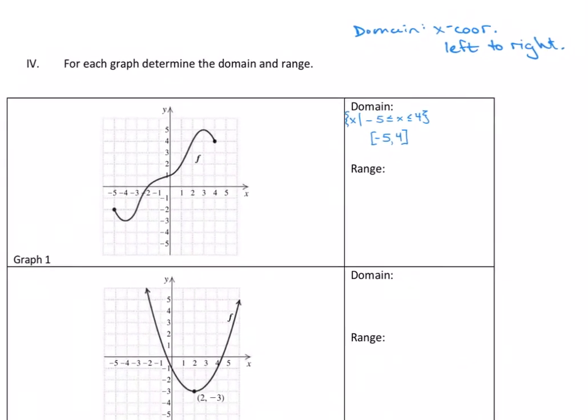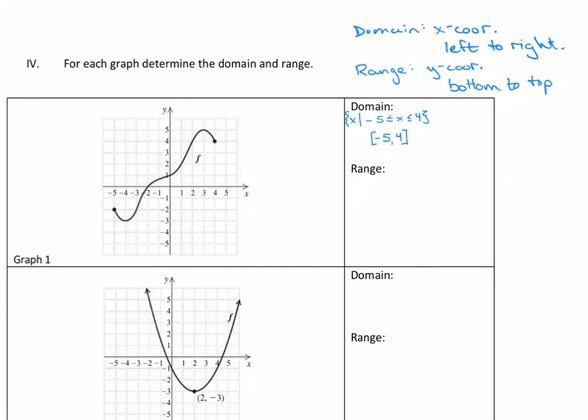So now let's talk about range. Range, remember, is the y values, or the y coordinates. And when we talk about range, what we want to look at is bottom to top.